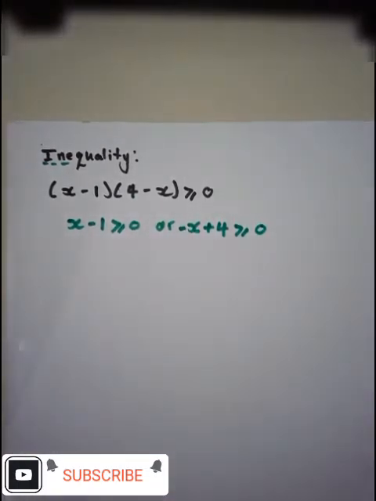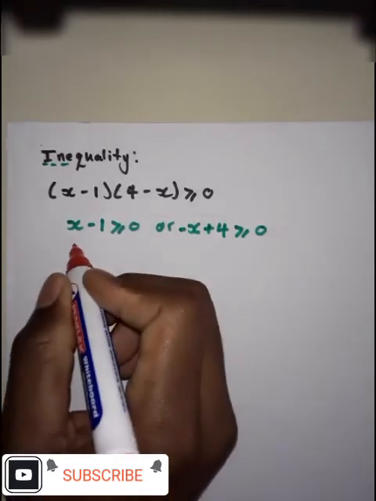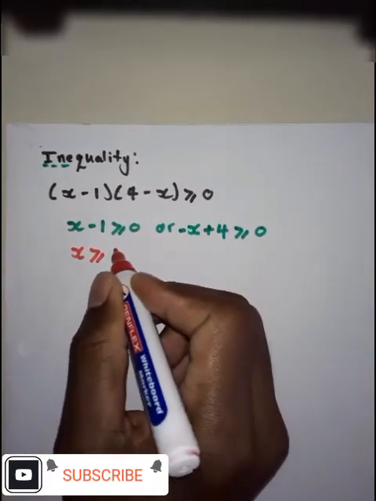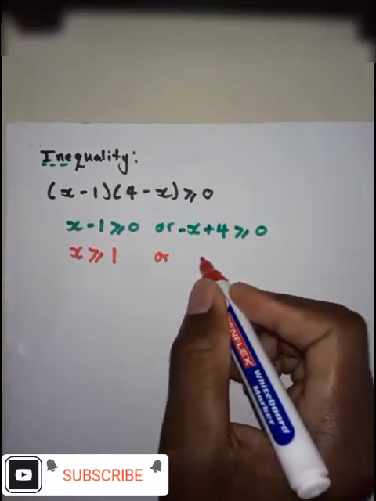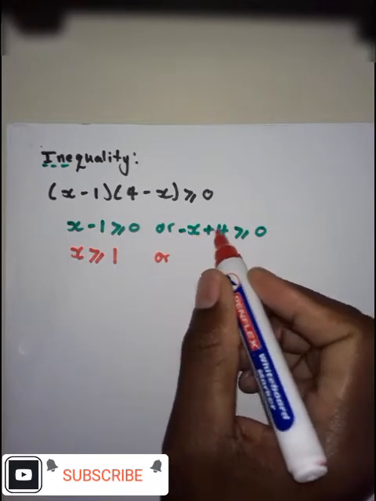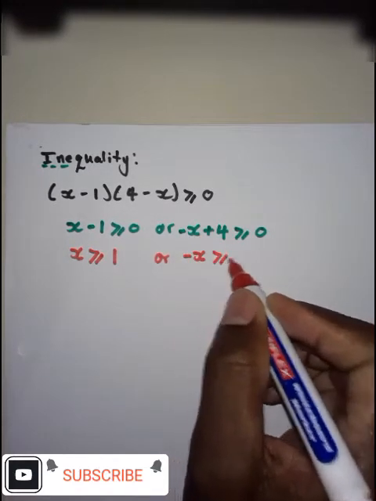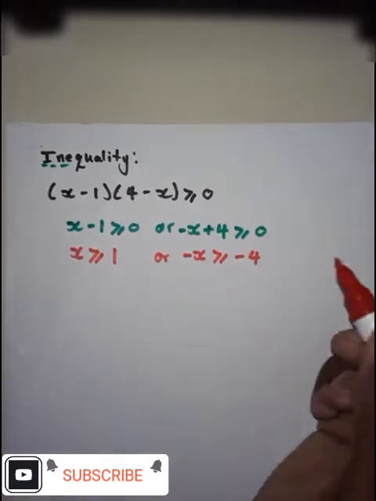It's the same thing. And then after that, the next step, you take a constant to the other side. So here this is going to be x is greater than or equal to 1, or when you take this to the other side, this becomes minus x is greater than or equal to minus 4, right?